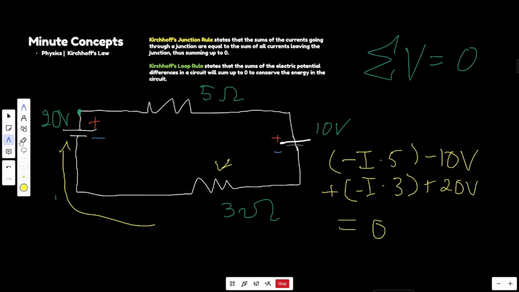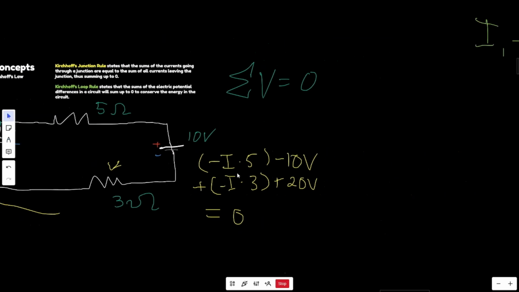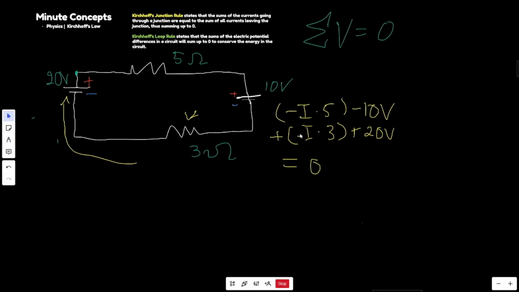So let's try to arrange our numbers. Let's add like terms. So our I is going to be negative 5I plus negative 3I, that's just negative 8I, minus 10 volts plus 20 volts, which would be equal to 10 volts.